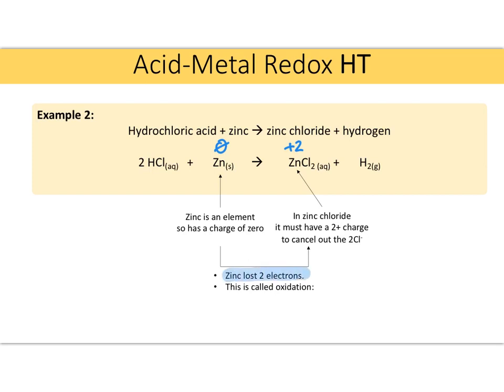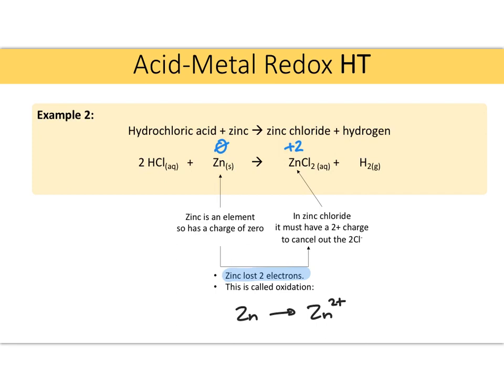So again, if we're going to write the half equation, we've got zinc metal on the left-hand side. We have got zinc ion on the right-hand side, and we have to make sure that the charge is balanced as well as the numbers of each element. Well, we've got 1 zinc on both sides, so that's fine. We've got 0 on the left-hand side, overall charge, +2 on the right.